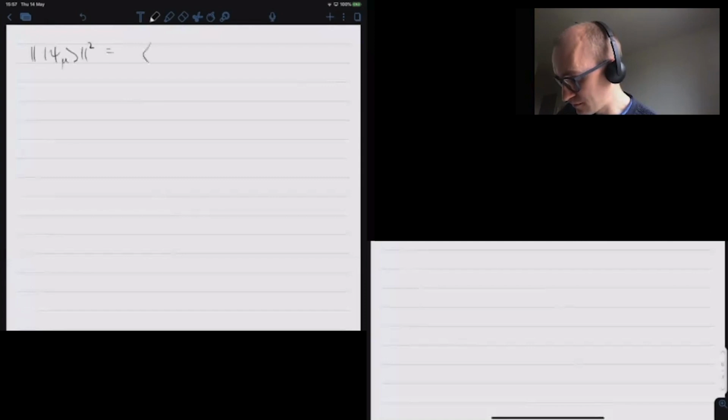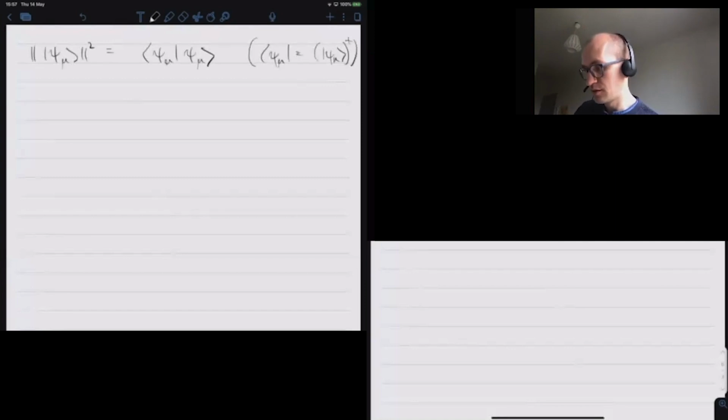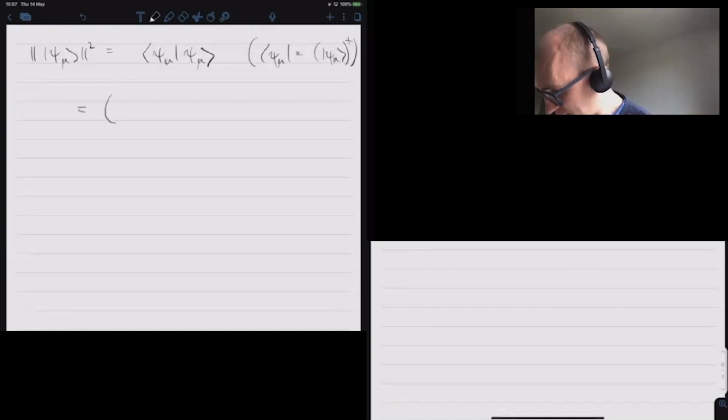So let's compute the norm of psi mu squared, which is the bra psi mu with the ket psi mu, where the bra is the dagger of the ket.